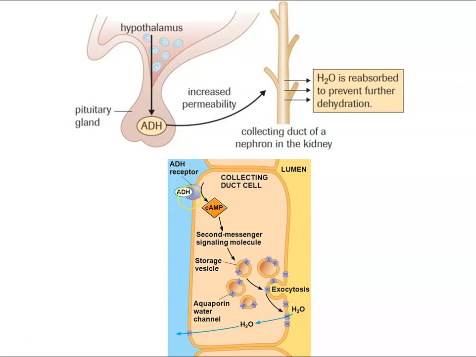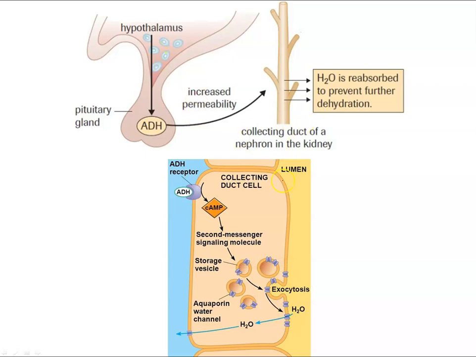ADH will bind to its receptor. Oh, look, it has a cyclic AMP second messenger system. But what it does eventually is allow you to get calcium into the cell so I can now exocytose aquaporins. These are all aquaporins, people. So let's exocytose aquaporins into the cell membrane so I can make the collecting duct cells permeable to water.